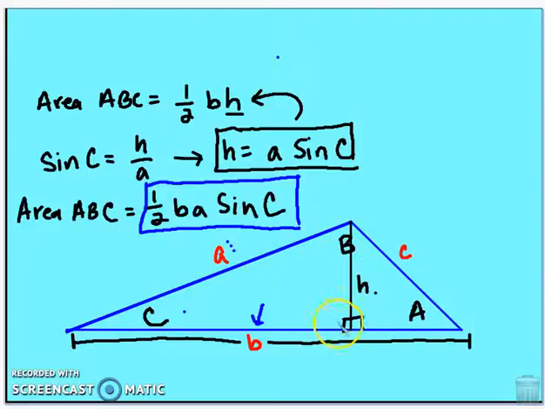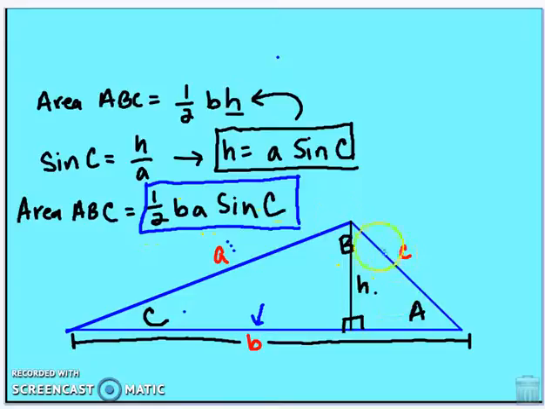Drawing the altitude, with length h, the sine of C is h over a. So I can rewrite sine C equals h over a as h equals a sine C. Substituting a sine C for h, the area of triangle ABC, not necessarily a right triangle, is 1/2 b a sine C.